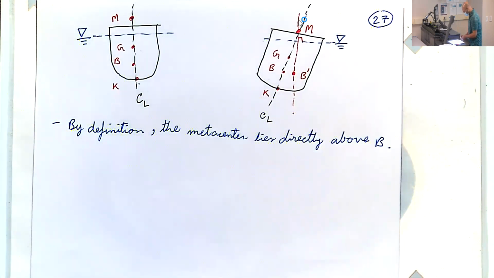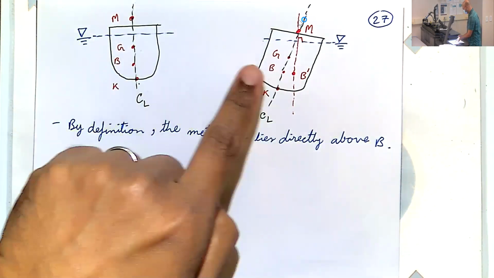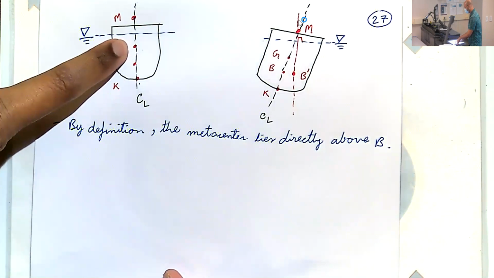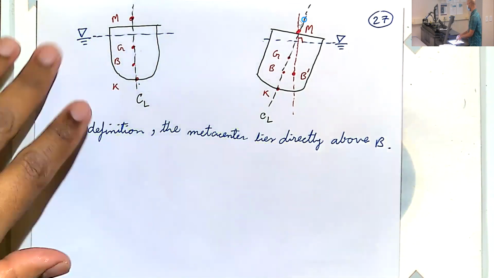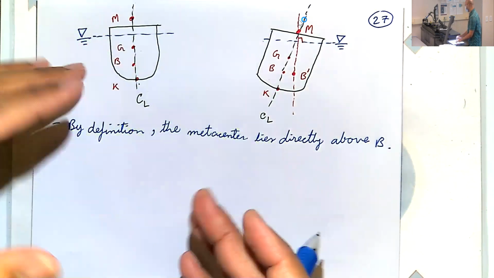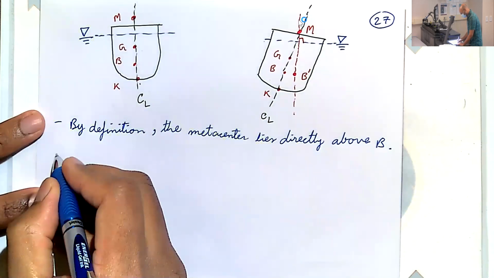A few more observations. When we tilt the hull, the center of gravity does not move. The cargo on the ship is completely secure, so it doesn't shift. So G remains in place.